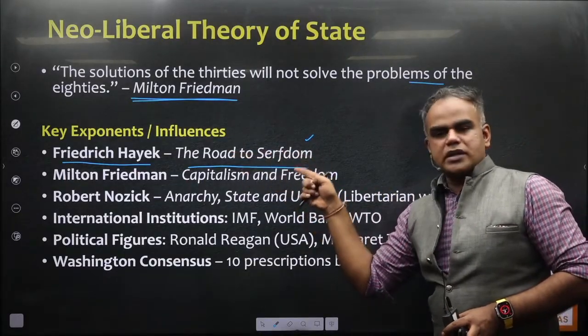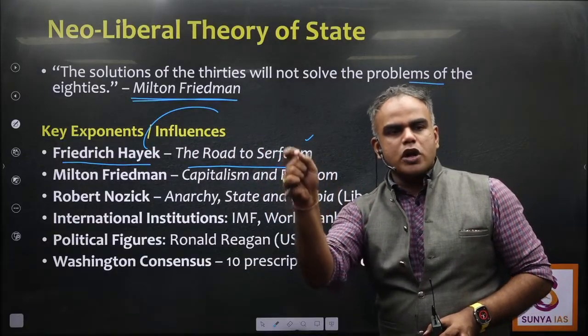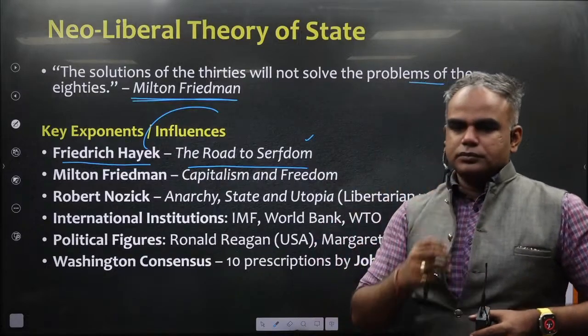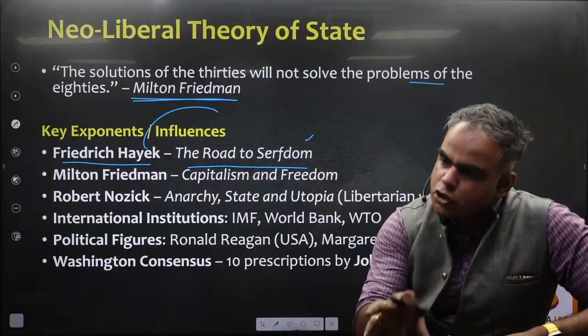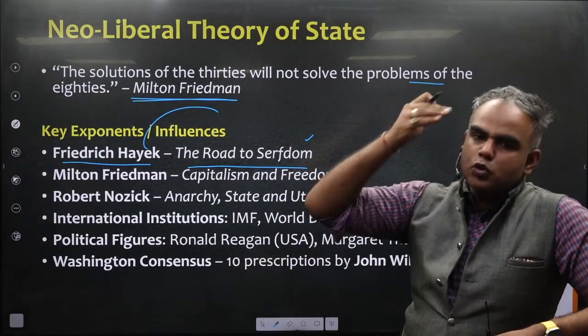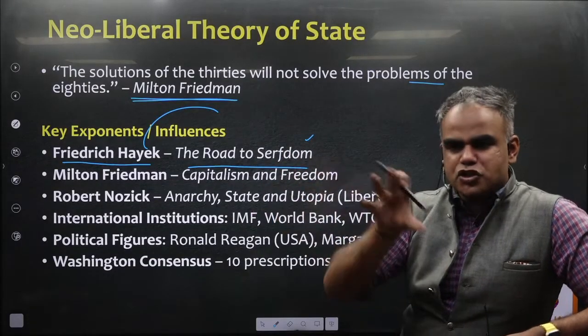If you remember his book, he is the one who will say planning is the road to serfdom. What is serfdom? Back in feudal times. So if you do planning, the more centralization you will have, you will go back to old times. In the old times you had serfs and vassals, and there was a relationship between them.